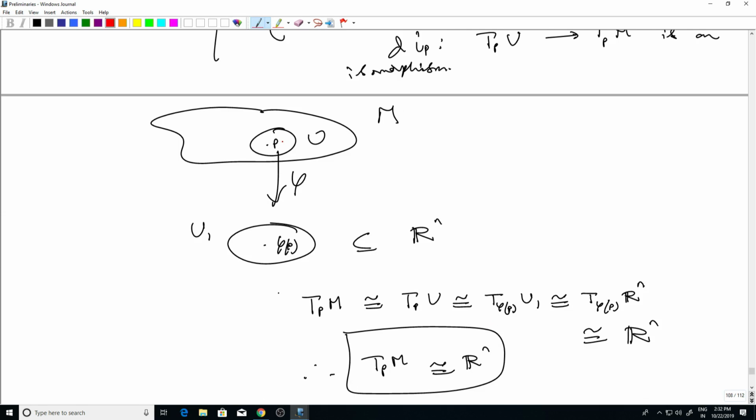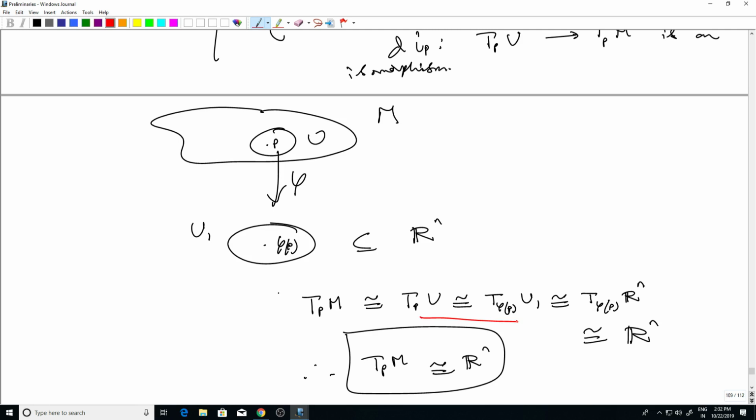T_P M is isomorphic to T_P U, and because this chart, almost by definition of smoothness, is a smooth map, a diffeomorphism, the derivative of phi sets up an isomorphism between T_P U and T_phi(P) U1, which is what I have here.